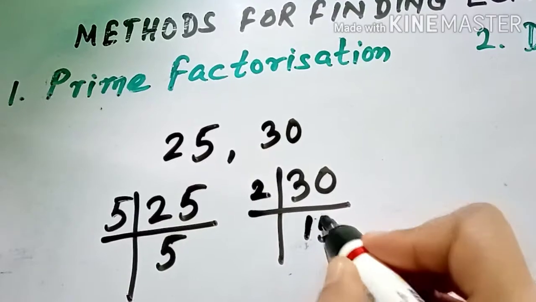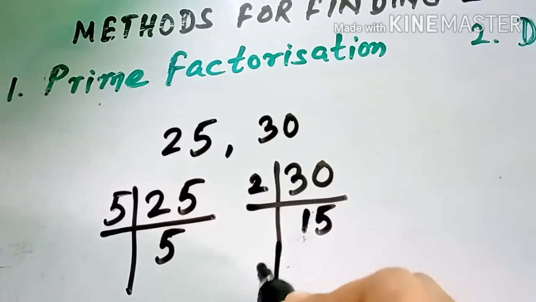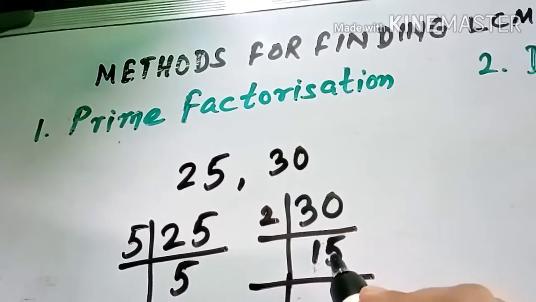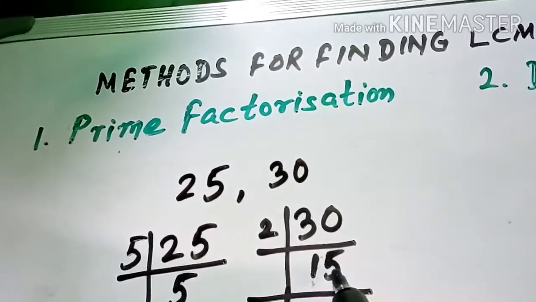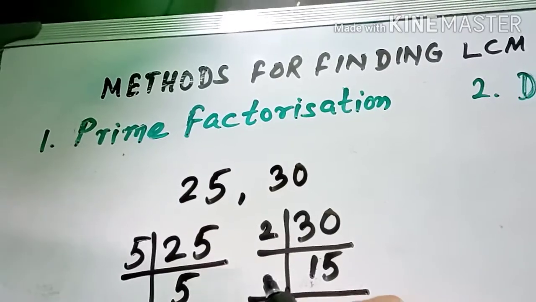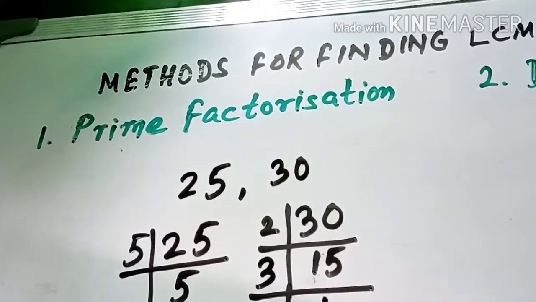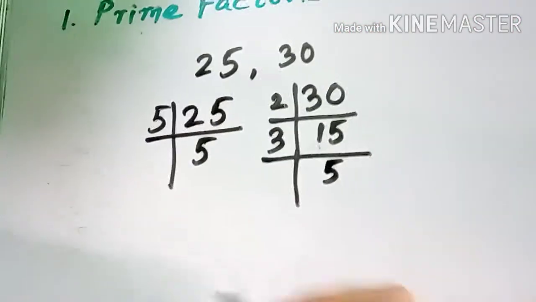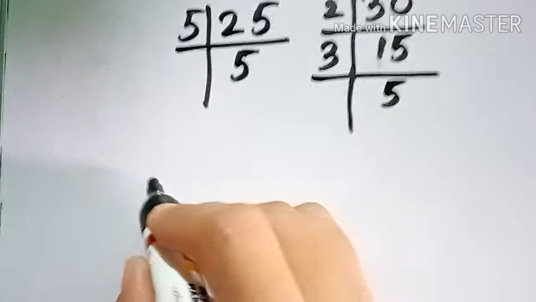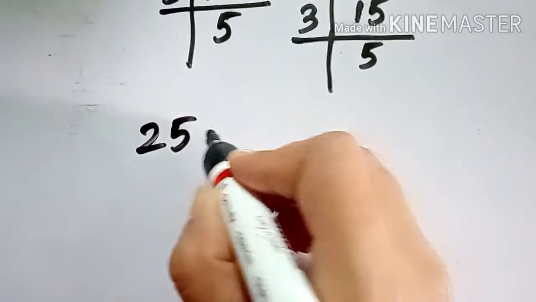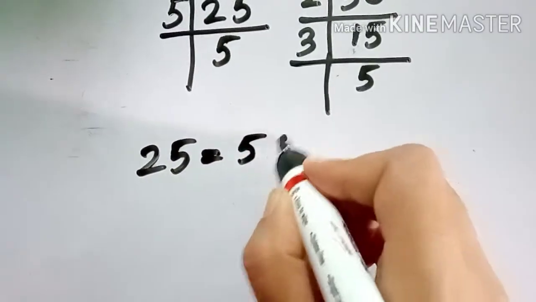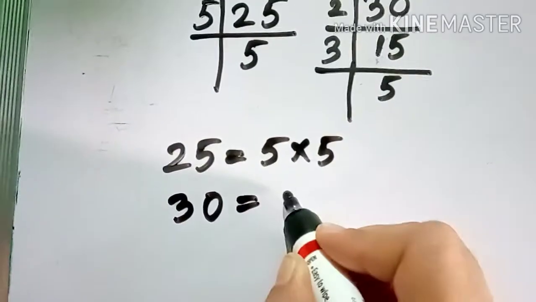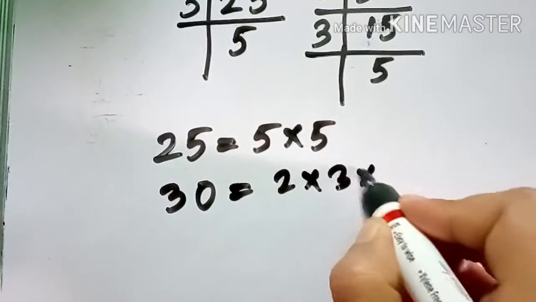2 15s are 30. Then the next prime number, 3. 2 cannot divide 15, there is no 15 in the 2s table. Then 3, yes, 3 5s are 15. Then 5 itself is a prime number, so we stop here. Then we write down all the prime factors of these two numbers. 25 is 5 into 5, and 30 is 2 into 3 into 5.